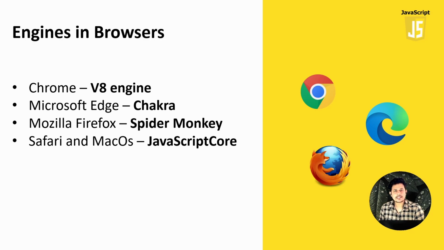Because of this, ECMAScript was created, to have the same set of rules in every browser and give cross-platform capability to JavaScript. This is the reason ECMAScript was launched, and because of that JavaScript got its cross-platform functionality.